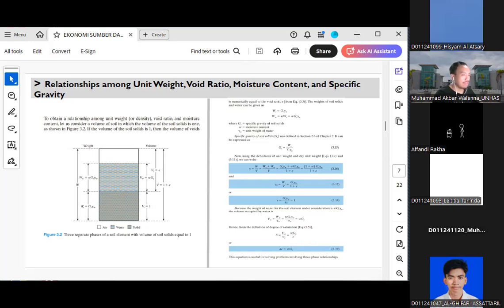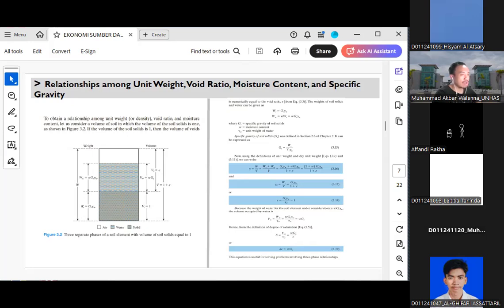Specific gravity compares how heavy soil particles are in relation to water. For most soils, the range of specific gravity is between 2.5 and 2.7. What does this tell you? It means the soil solids are about 2.5 or 2.7 times heavier than water.